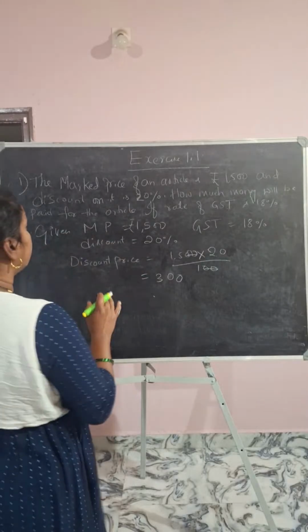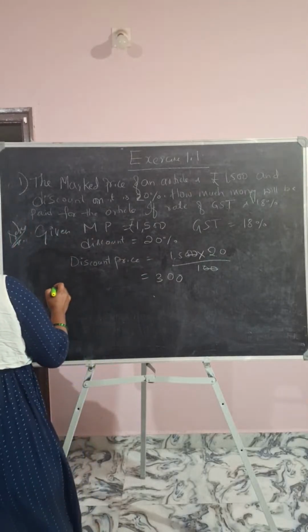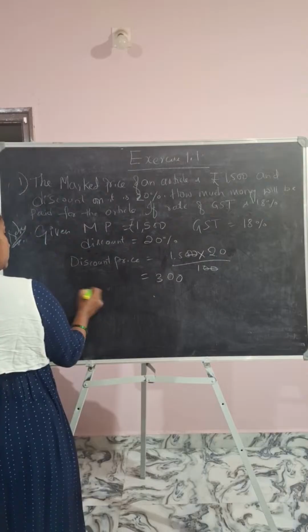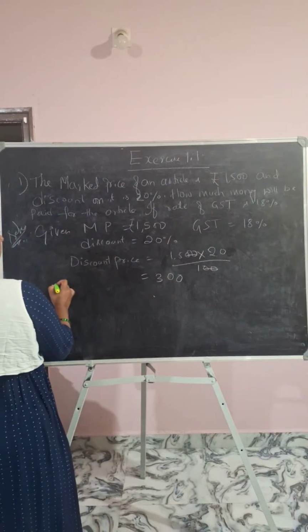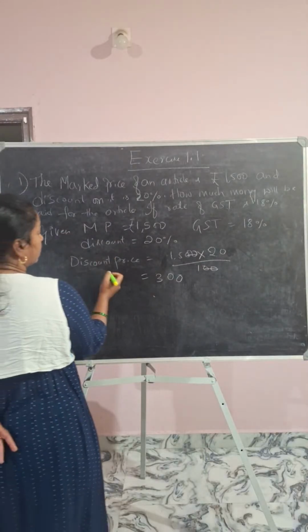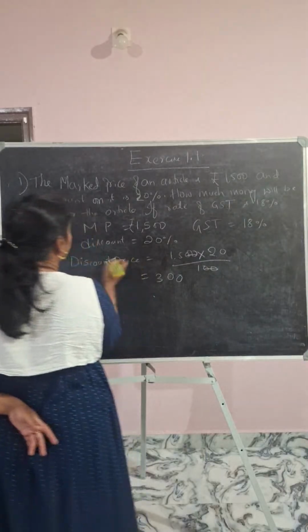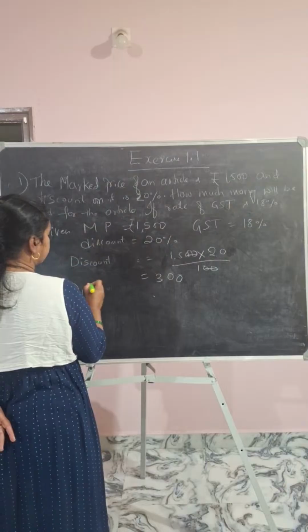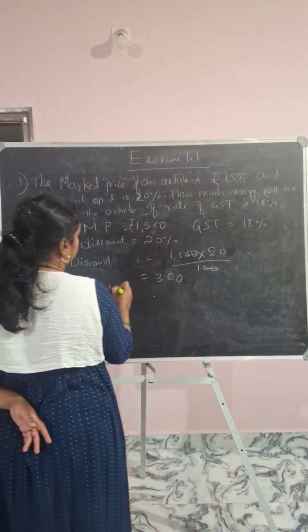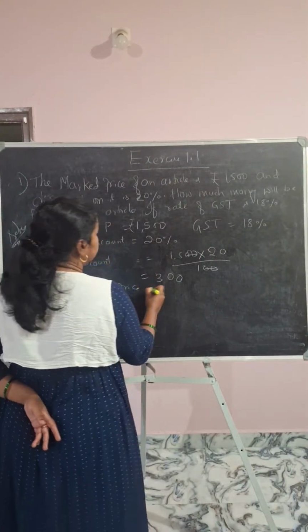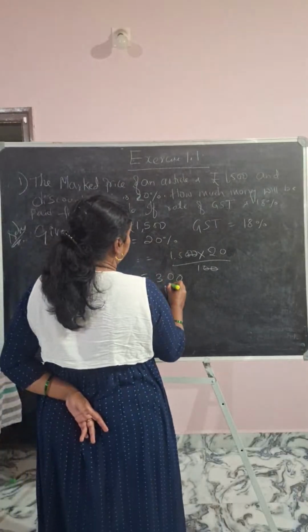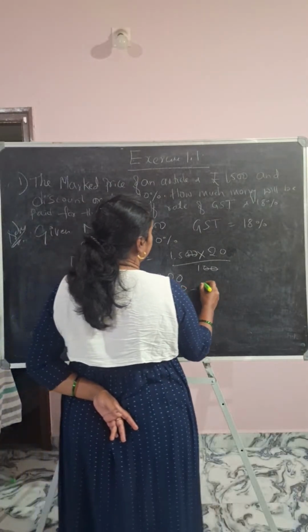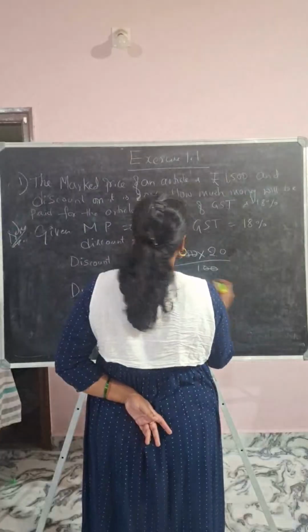Now the discount amount we got, next discount price is equal to market price minus discount amount.